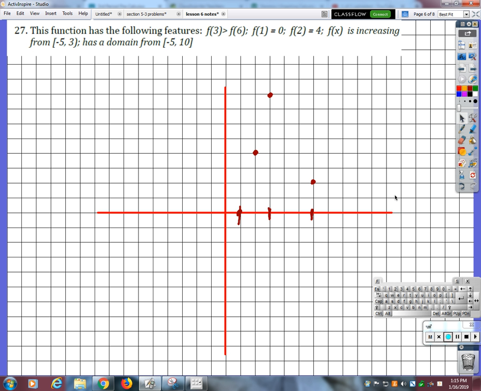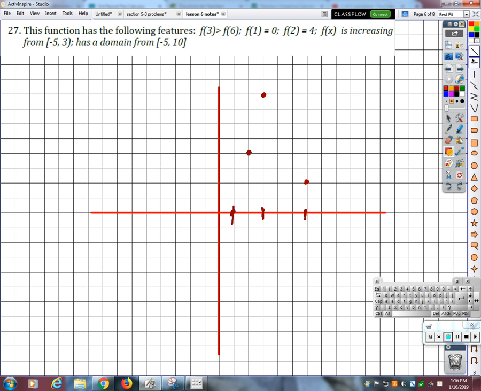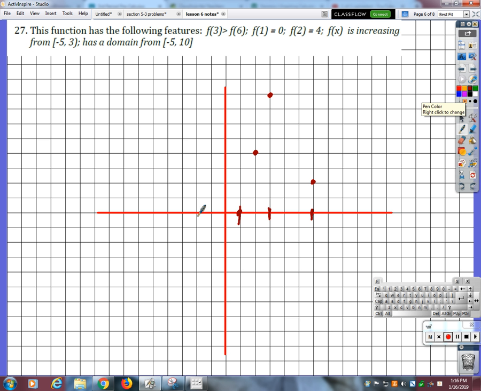All right, and then the domain is just from negative 5 to 10, so now I can't get to negative 5. So I'm going to cheat here. 1, 2, 3, 4, 5. So I'm going to start there and go like that. So it's not linear, but it's all good.